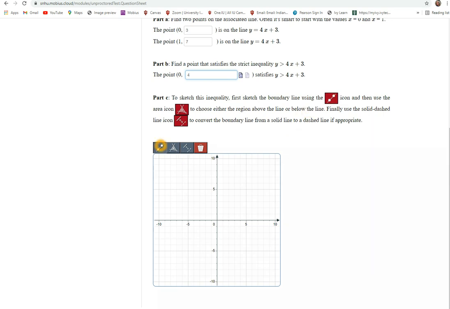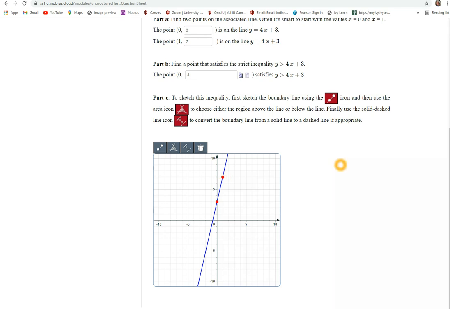So I'm going to click on that, and you're going to use these 2 points up here, the 0, 3 and the 1, 7. So I'm going to go x is 0, y is 3, click on the point. And then when x is 1, y is 7, and there's the line.